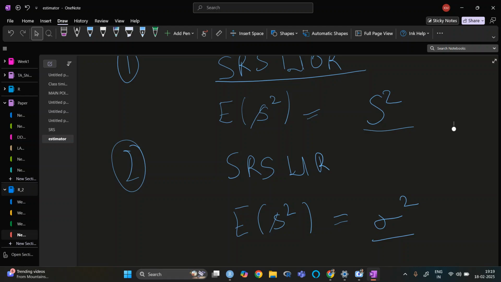For WOR, it is an unbiased estimator of capital S square, and for SRSWR, with replacement, we have a different estimator. Okay.